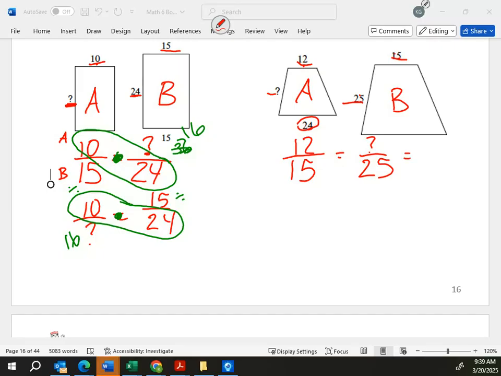Maybe I make another fraction, 24 over what? But is there a question mark there? Lexi? I can't just put in a number. Adeline? 24 over 24? That's not gonna be proportionate. James? 3.